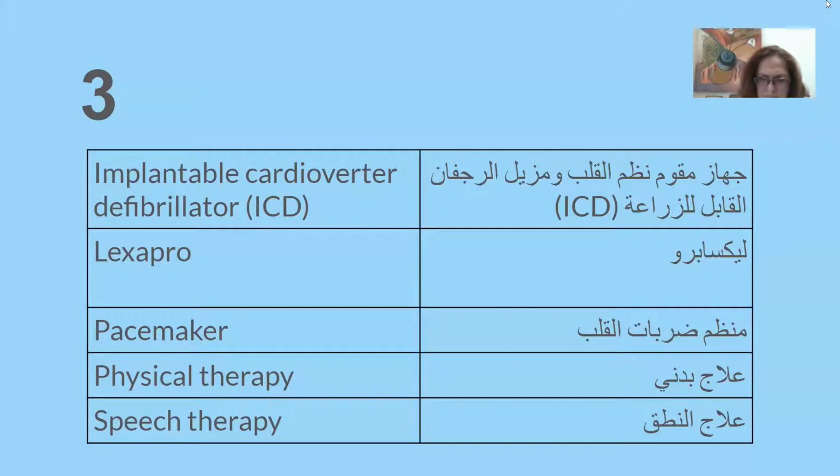We got four of them. Lexapro is the name of a medication. Yeah, for what? I don't remember. Lexapro is used for, like, epilepsy, depression, panic attacks, that sort of family.